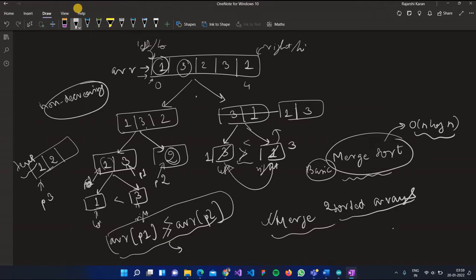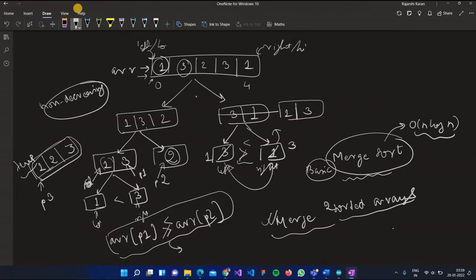Then we see that only one element of p1 is left, so we put the remaining element over here. You can see that this is basically forming a finally sorted array. We gave it two different sorted sections, and it made them into one full length sorted sequence. That is the magic of this merging algorithm.